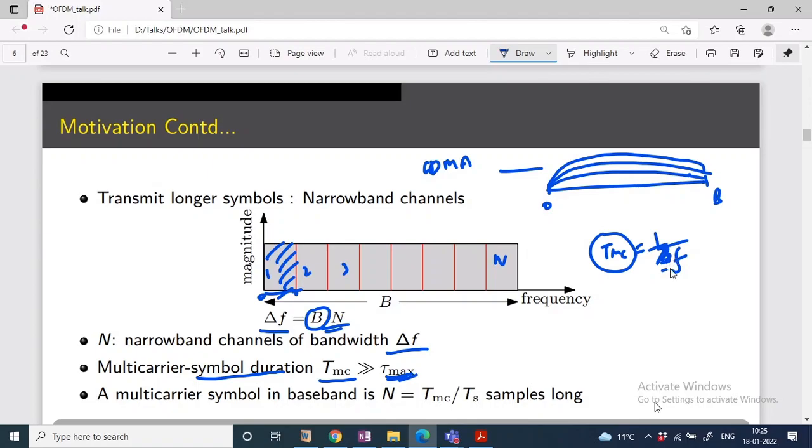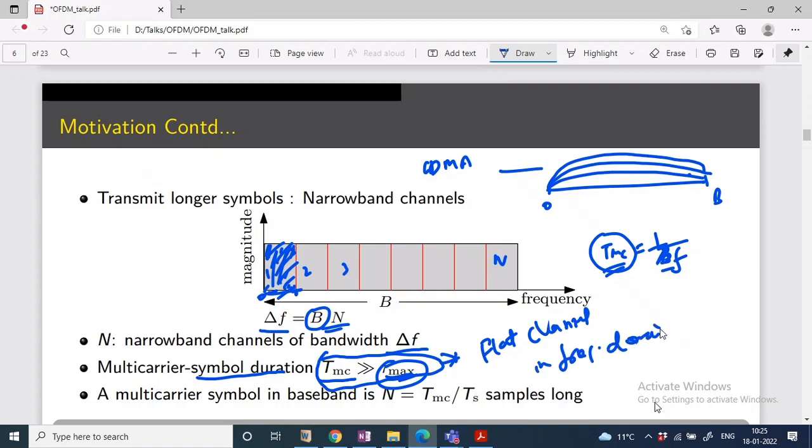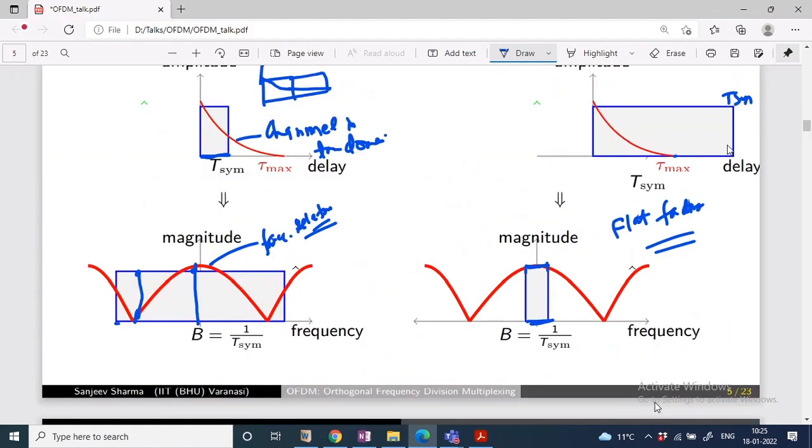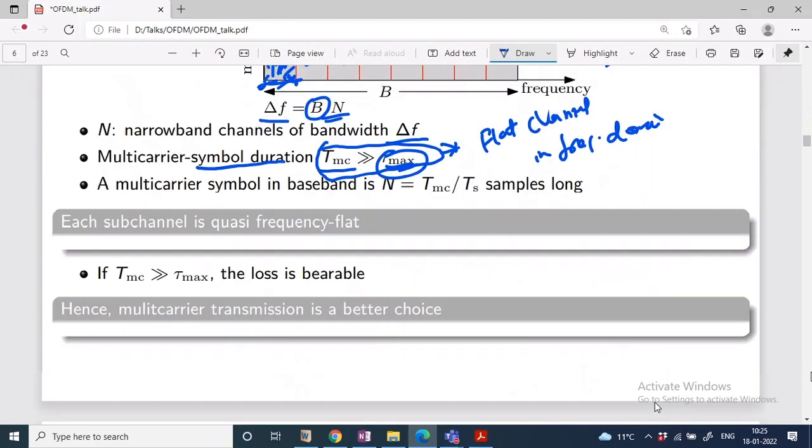Tau max is fixed. So each frequency band experiences TMC higher than tau max, and therefore a flat channel in the frequency domain. We have seen that if this condition is satisfied, it experiences a flat frequency channel response.